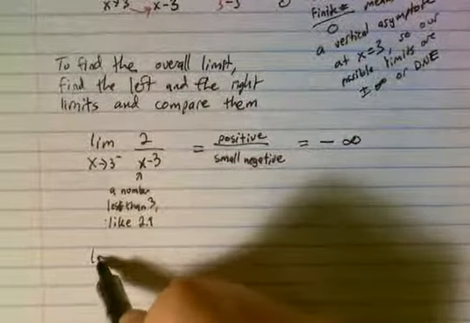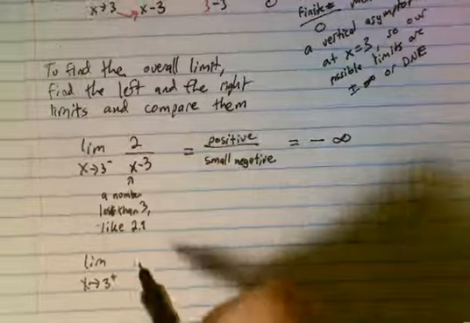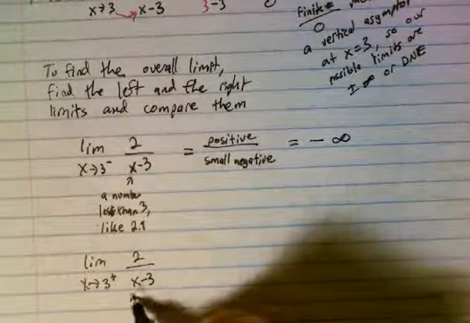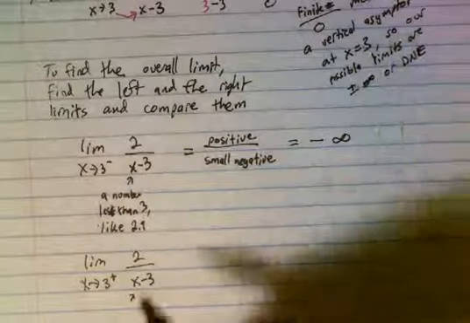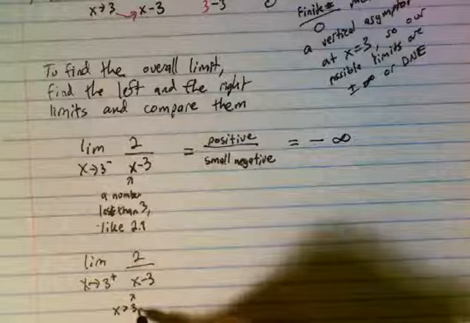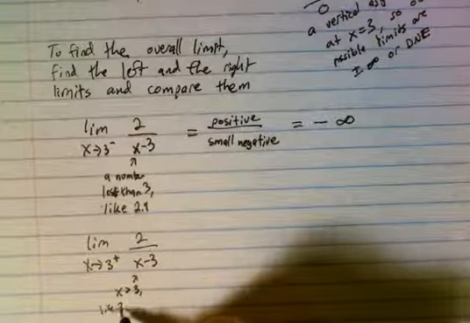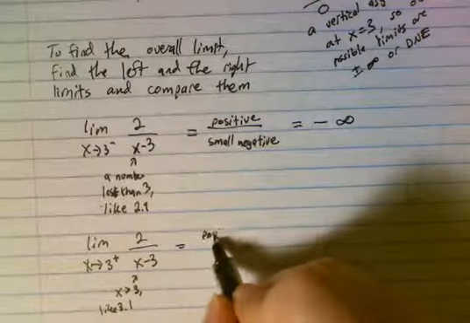So when we do the same thing with the right limit, because we know that we're in this vertical asymptote situation, this number, because we're coming from the right, is going to be slightly greater than 3, like, let's say, 3.1. So 2 is going to be positive.